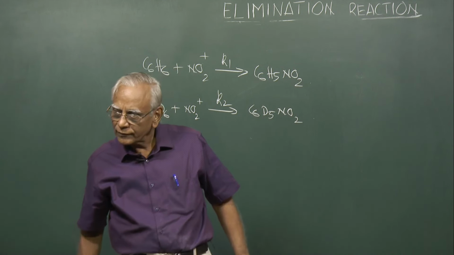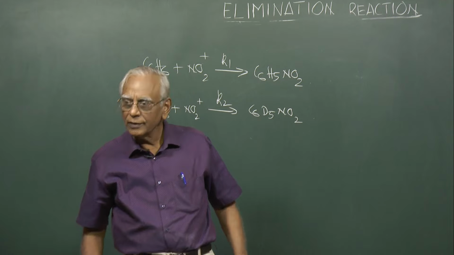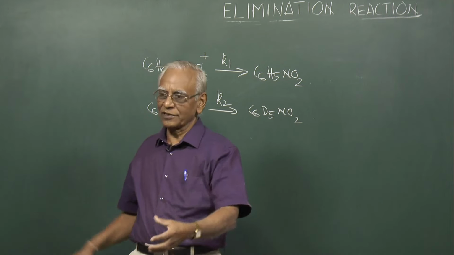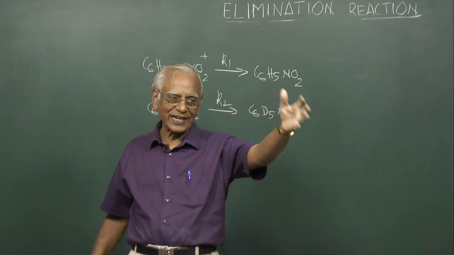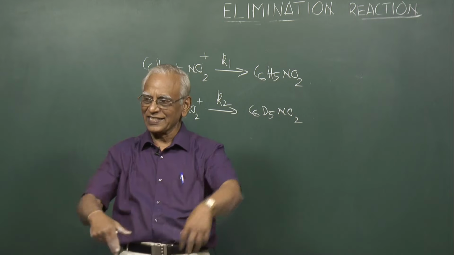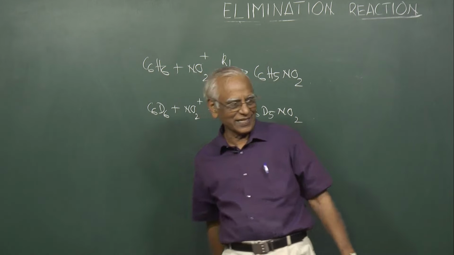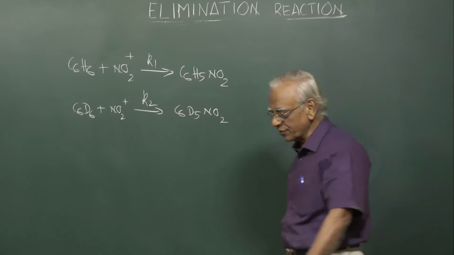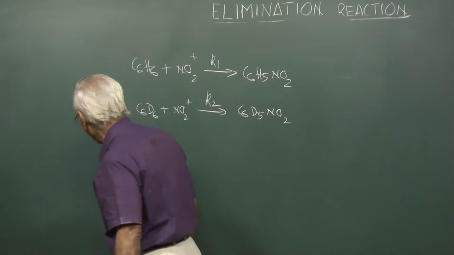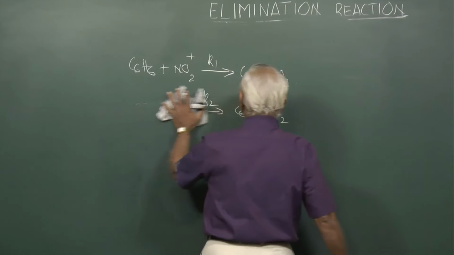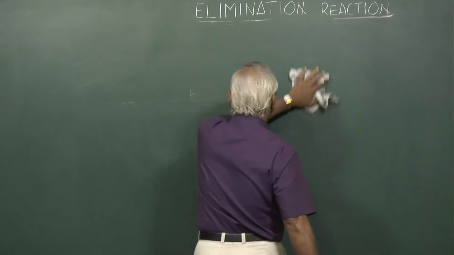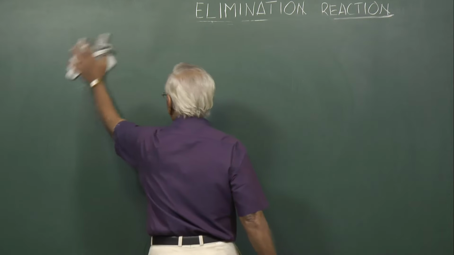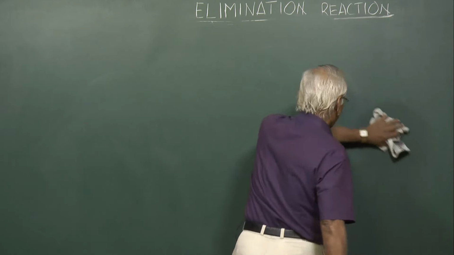How? We are proving in the mechanism the carbon hydrogen bond is broken in the rate determining step. Assertion and reasoning: E2 reaction involves hydrogen deuterium isotope effect. Why? Because the carbon hydrogen bond is broken in the rate determining step in the mechanism. Therefore, the mechanism is correct.